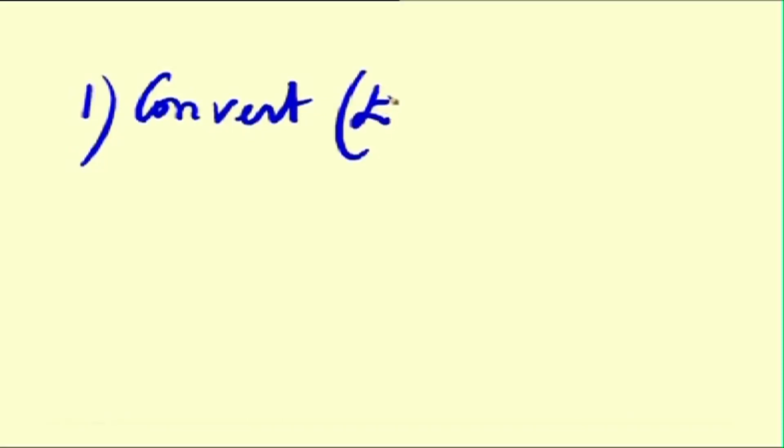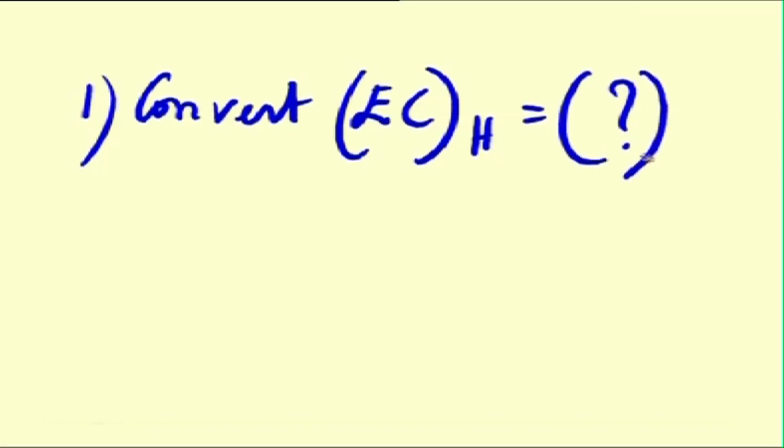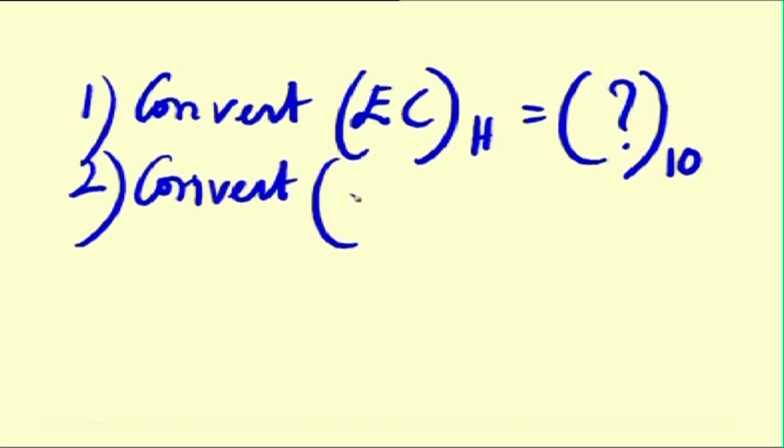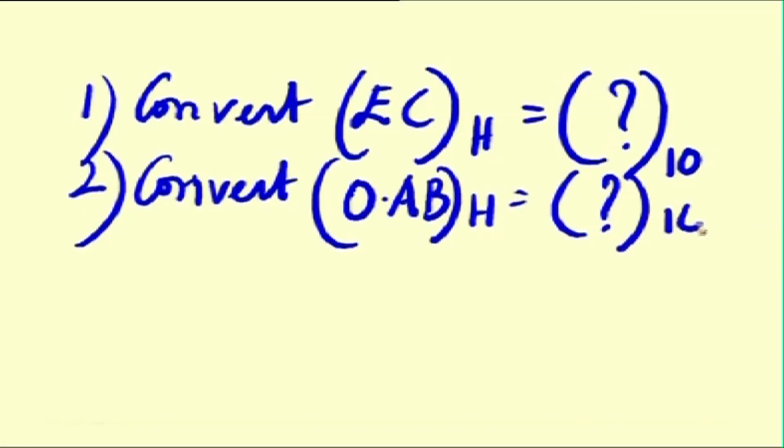Now, to make you understand the topic in a better way, I would like to give you some assignments. The first problem is to convert the given hexadecimal number. I will give the number like this, ECH. You convert it into a decimal number. The second problem is to convert a fractional hexadecimal number into its equivalent decimal number.